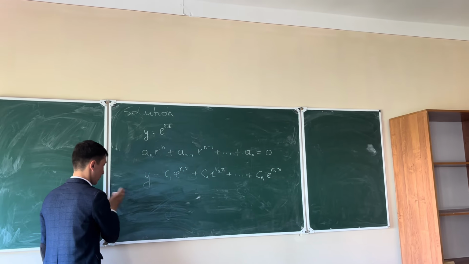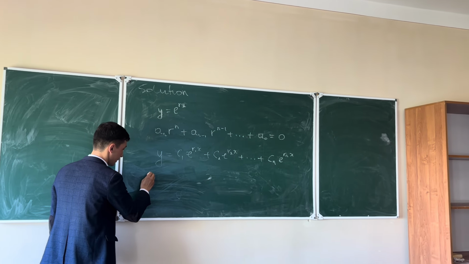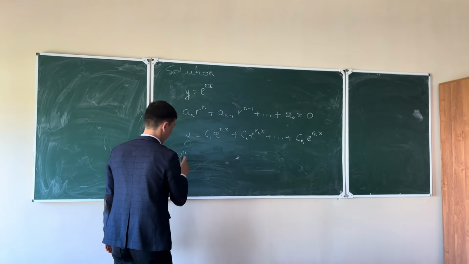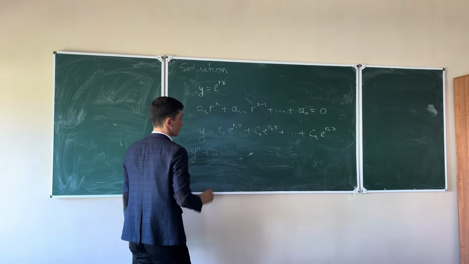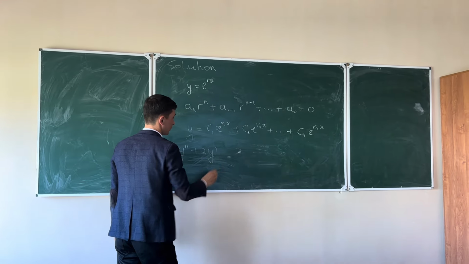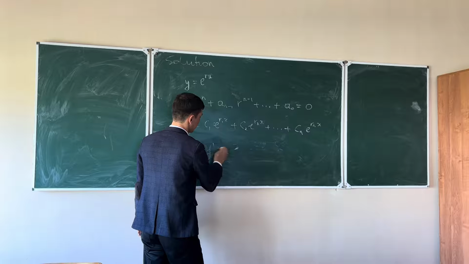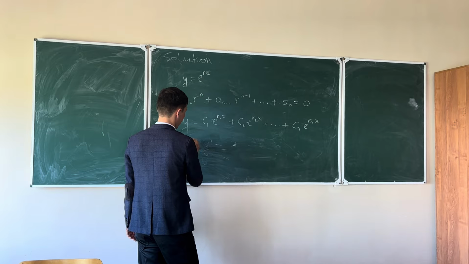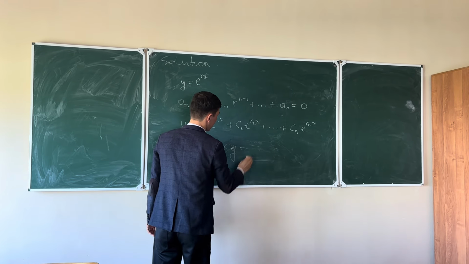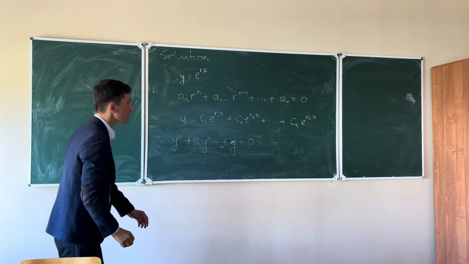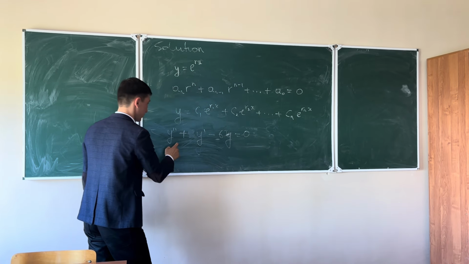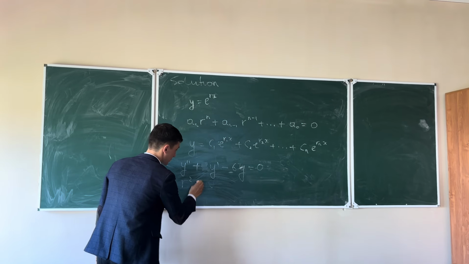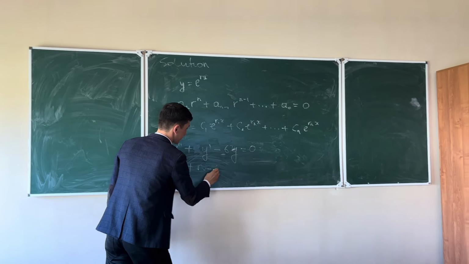For example, we are given this kind of equation, the second-order derivative of y plus y prime minus 6y is equal to 0. We can write from this equation the characteristic equation, which is r squared plus r minus 6 is equal to 0.